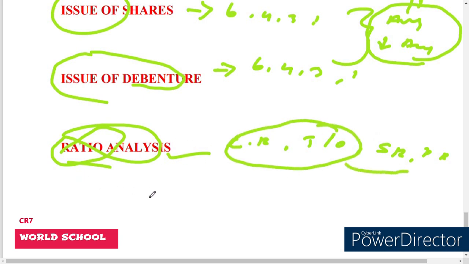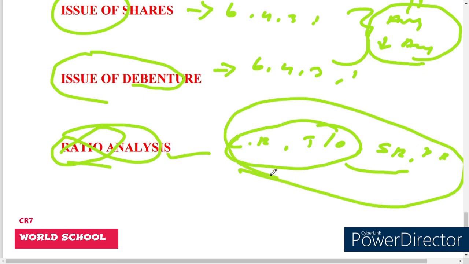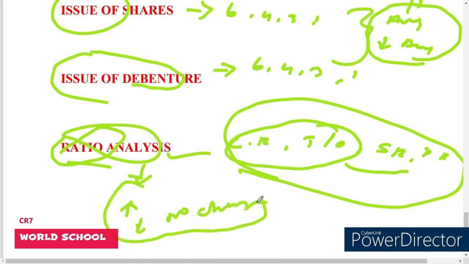Okay, fine. Then you should not ask, sir, you said this only or not this. So that's why I am suggesting you should study all this area. So ratio analysis wise. And one more, what it is like changes, increasing, decreasing oriented, no change. So that and all will be asked based on this question.